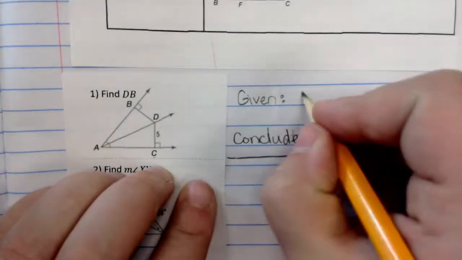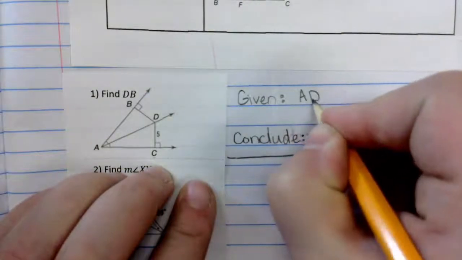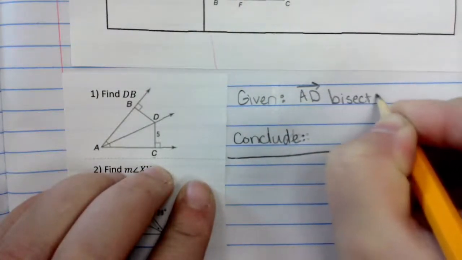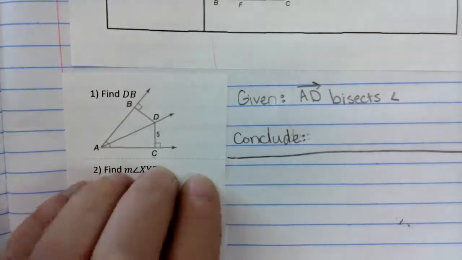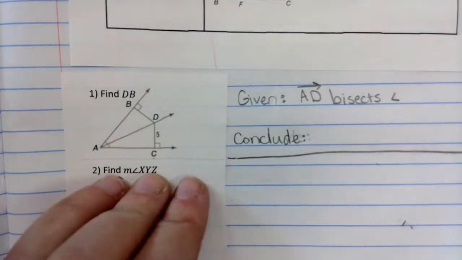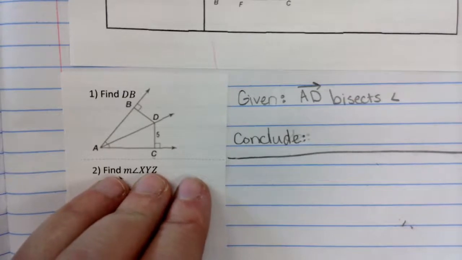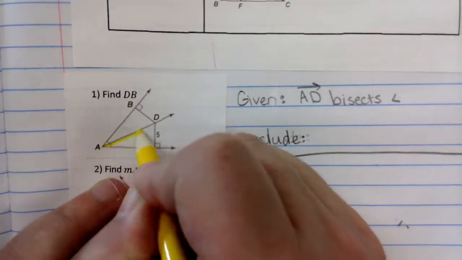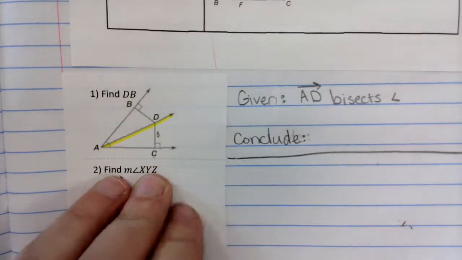Yeah, AD bisects what? So if I look at AD, how did I know that that bisected something?